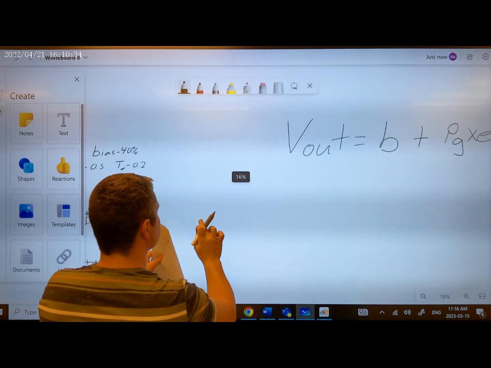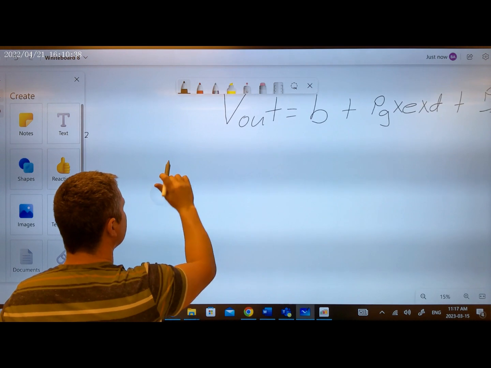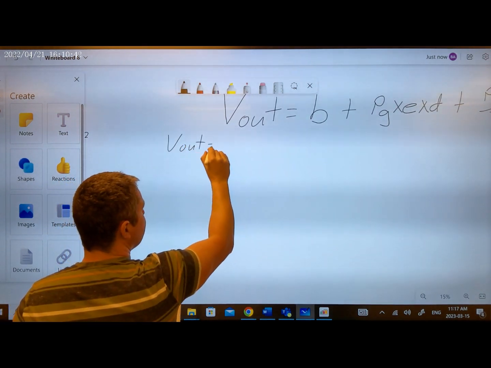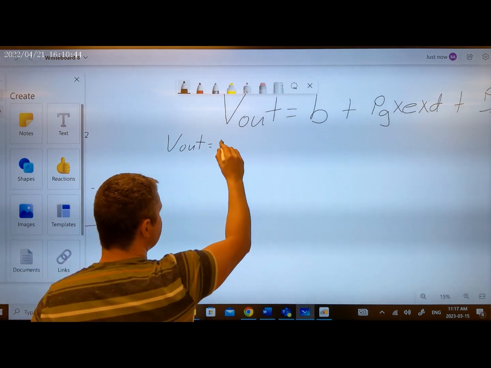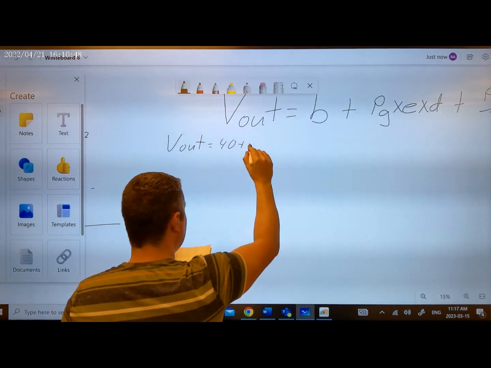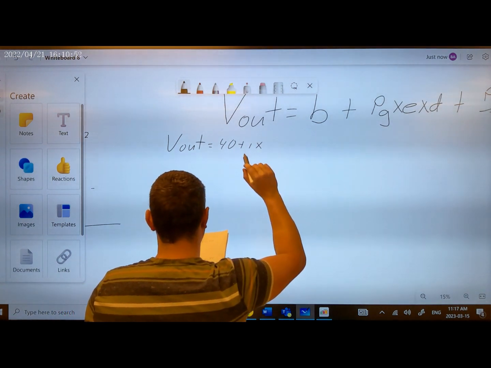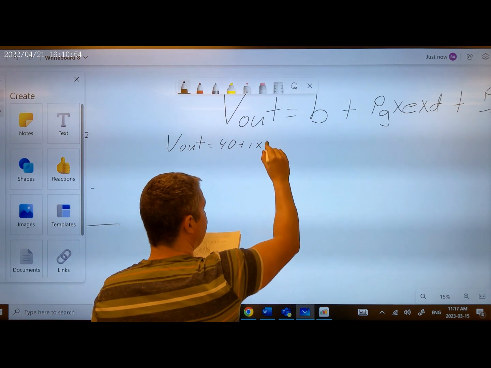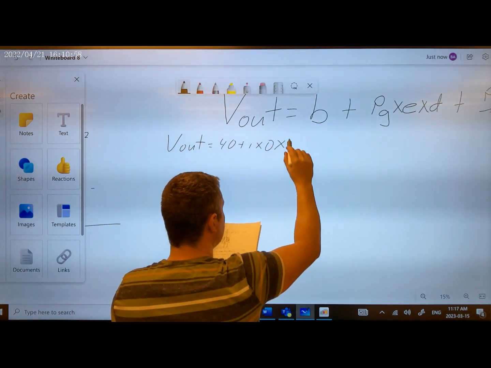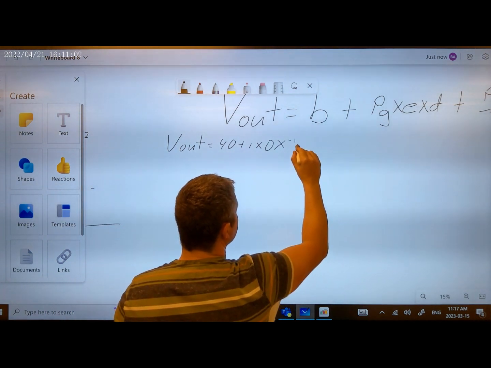So we're going to go V out equals, our bias is 40 plus proportional gain of 1 times 0 error at this point times our direction, which is -1.